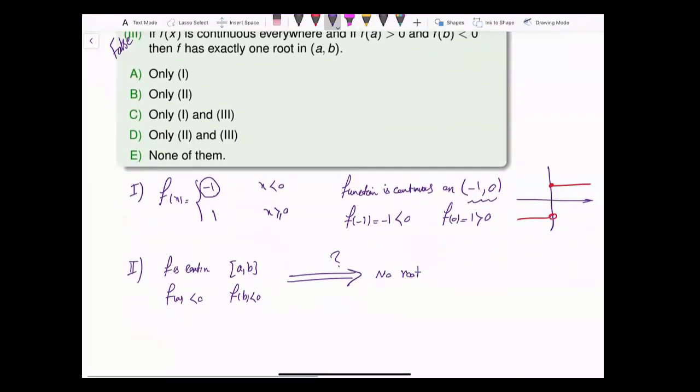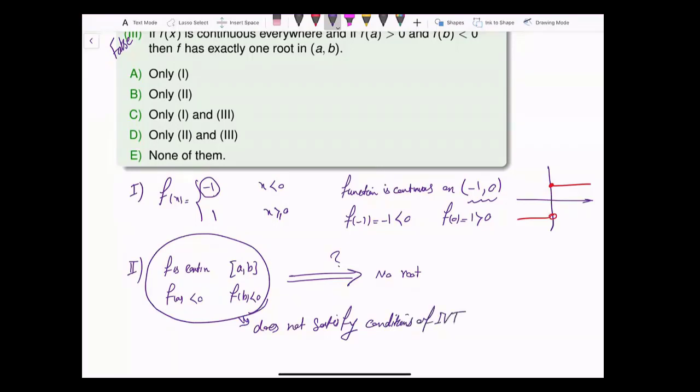You see, what you may think is that this does not satisfy the conditions of IVT. But if something doesn't satisfy the conditions of IVT, it doesn't mean that it won't have any root in between.